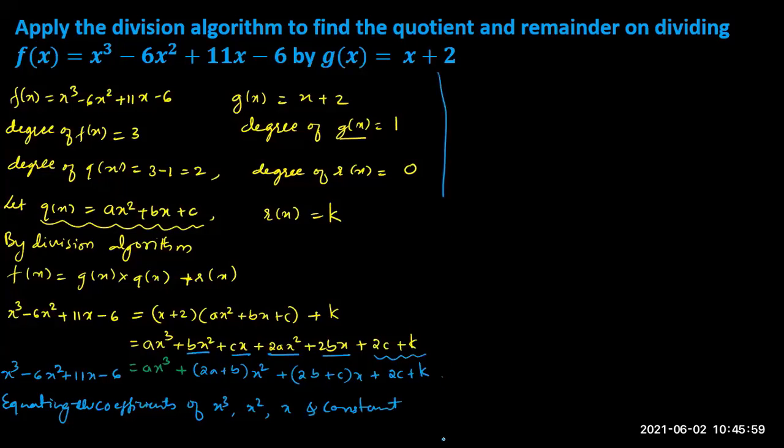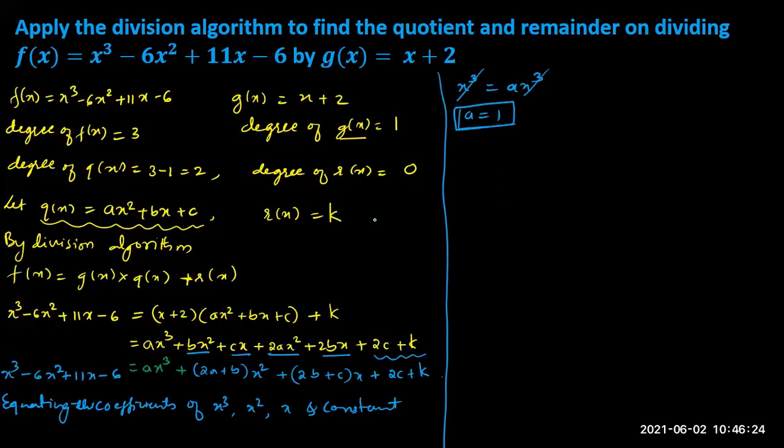Those coefficients we will make equal. So x cube is equal to ax cube, x cube cancelled, then a is equal to 1.